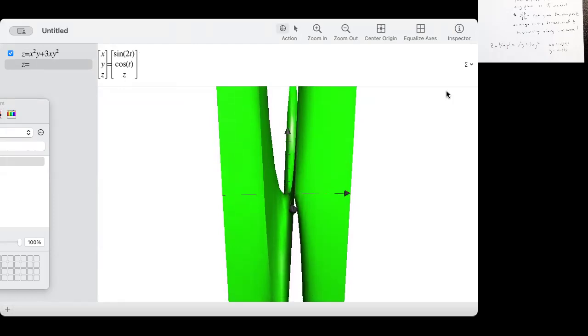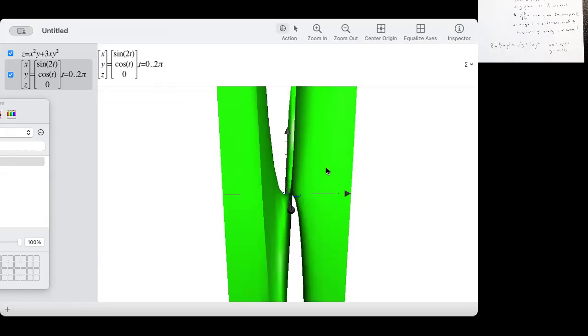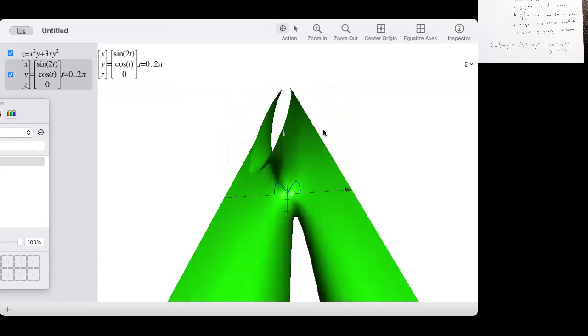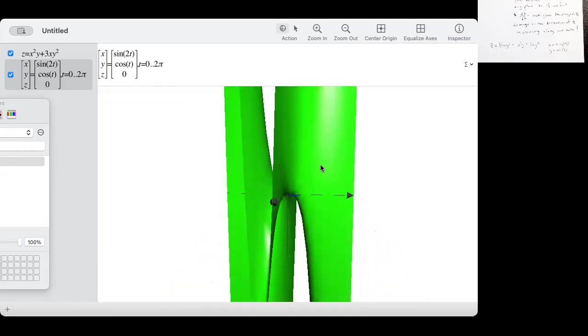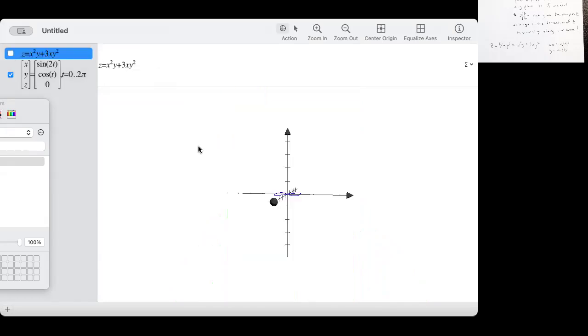And z is 0. So this is going to create a two-dimensional curve as t goes from 0 to 2 pi. It's kind of hard to see, but there it is. And if I turn off the surface, I can see it better, right? So we have this two-dimensional bow tie path in x and y.